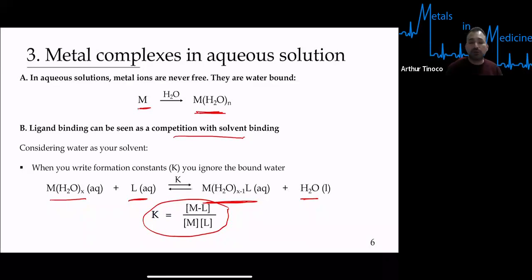When we focus on this equilibrium, the formation of the product, what we're looking at is the concentration of the metal-ligand complex, that adduct, with respect to the concentration of the free metal and the concentration of the free ligand. And this, again, is at equilibrium, not keeping in mind that there probably are water molecules bound to the metal center itself.